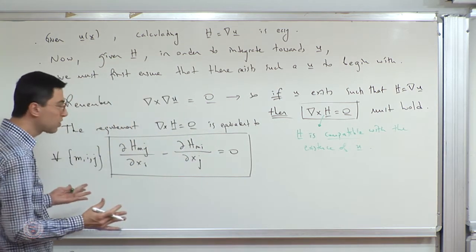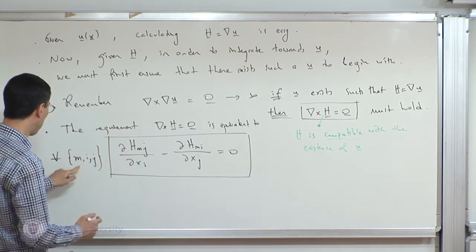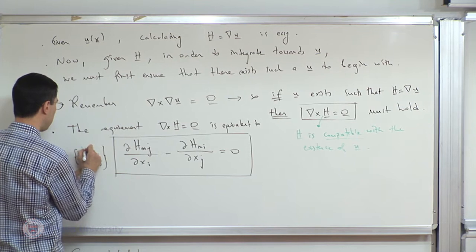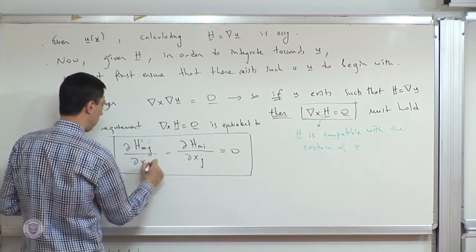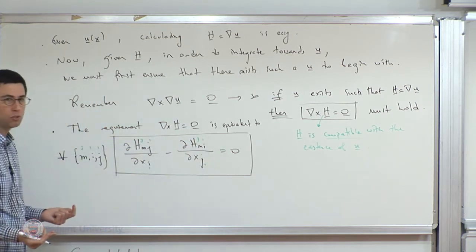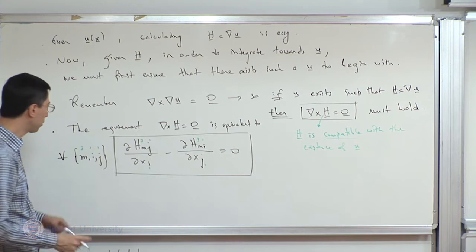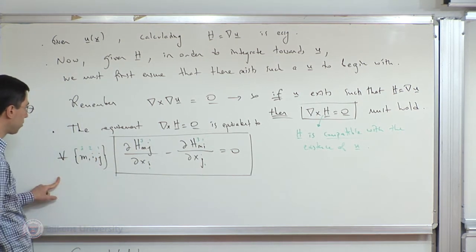Now notice that some of the choices are trivial. For instance, suppose I pick 3, 1, 1. It's automatically satisfied. Some of them are trivial, but some of them are not. So let me say 3, 2, 1.